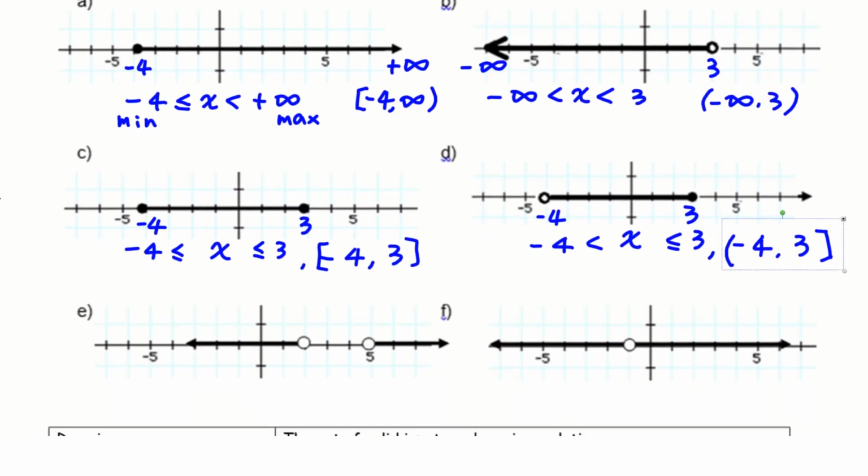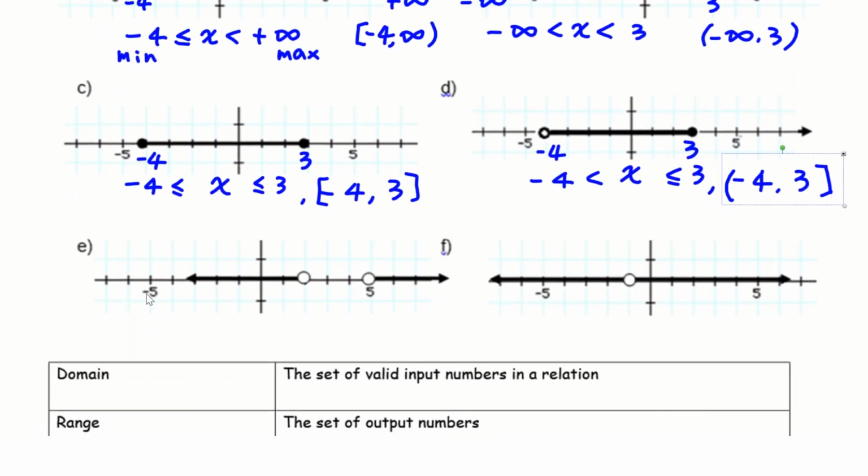So continue. This one you have a two-piece piecewise solution. So this one is negative infinity, continue. This is 2, this one is 5, then positive infinity. We write it separately, so negative infinity to 2, x less than 2.